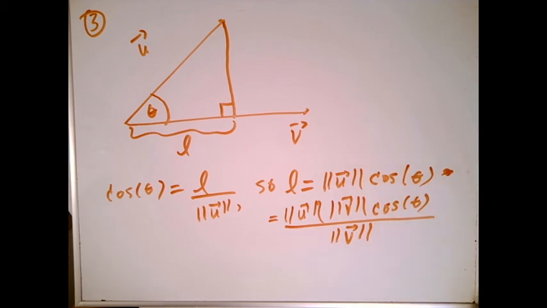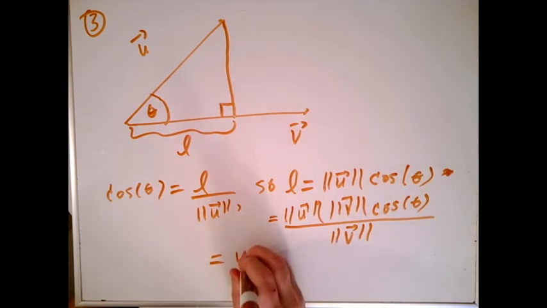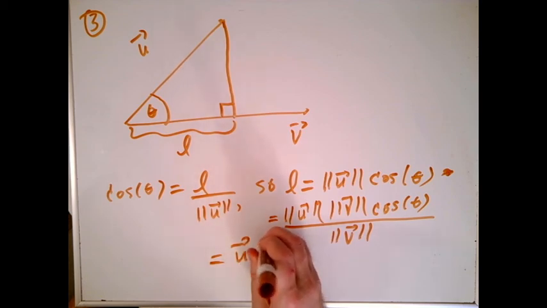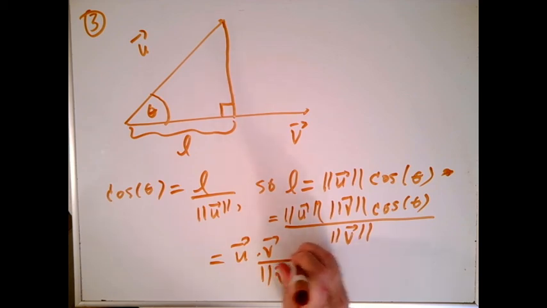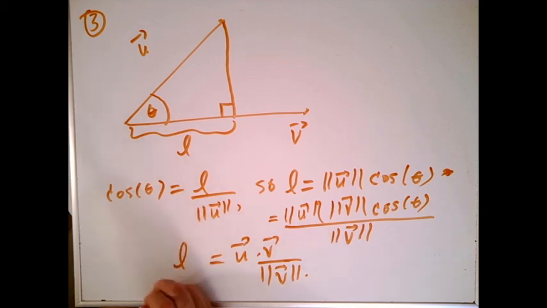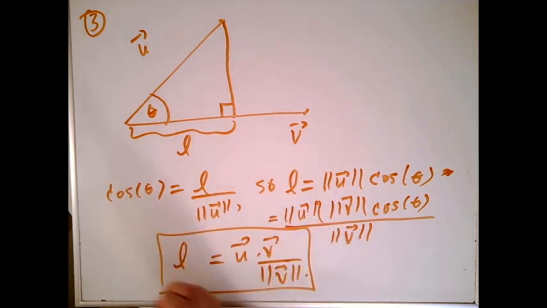Like that. And what that gives me is u dot v on top, and then I'll usually put the length of v under this vector here. So that is our formula for the length of the shadow of one vector onto another.